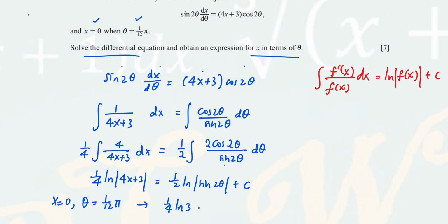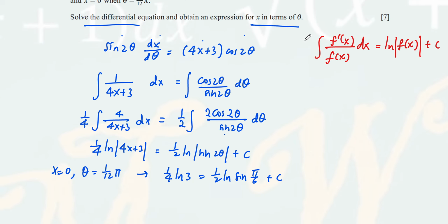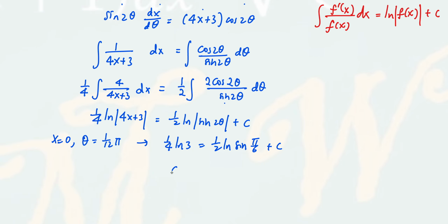Then it equals half ln sine 2 theta. 2 theta is 2 over 12 pi, that is pi over 6, plus c. Okay, then to get the c, I will get 1 over 4 ln 3 minus half ln sine pi over 6. This is half.